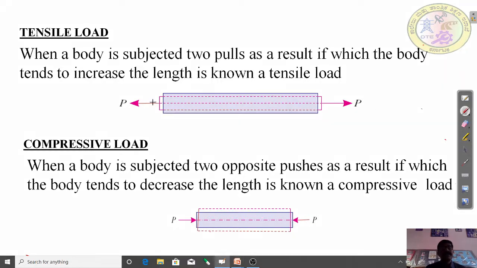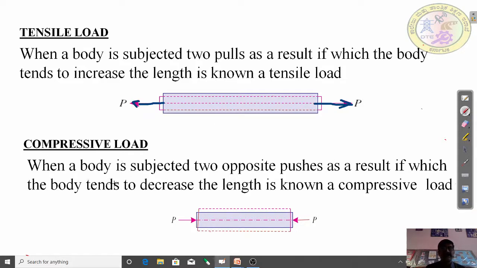When a body is subjected to two pulls as shown in the figure, then it tends to increase its length, which is shown by the dotted line, and it is known as tensile load.